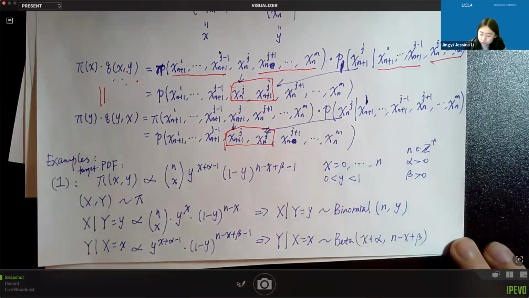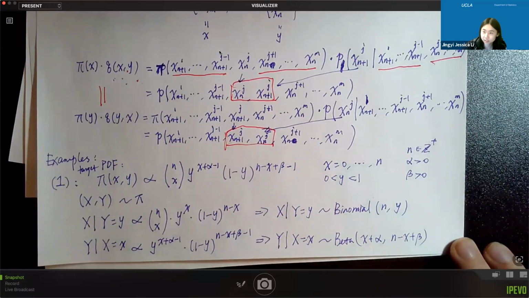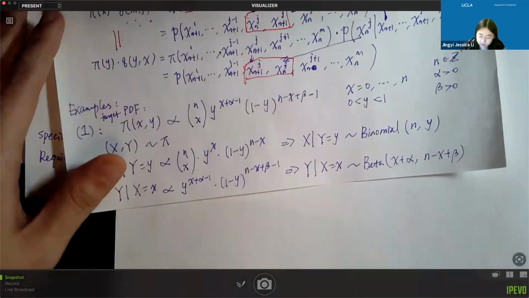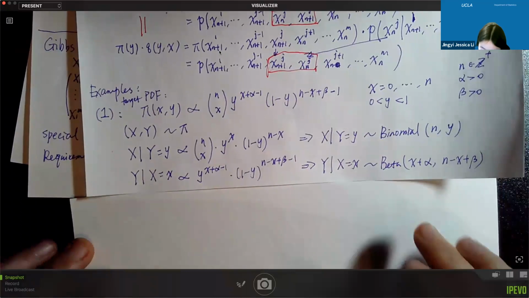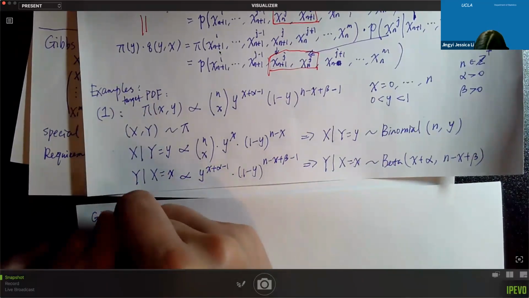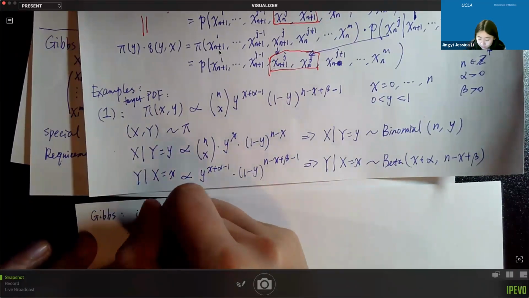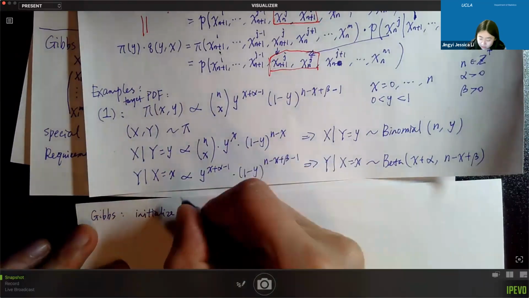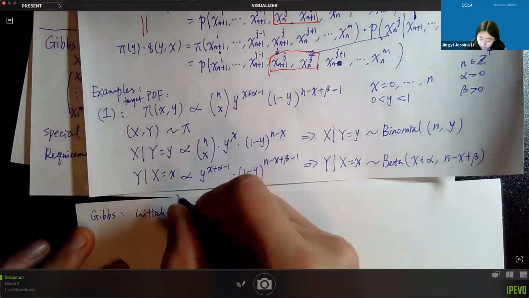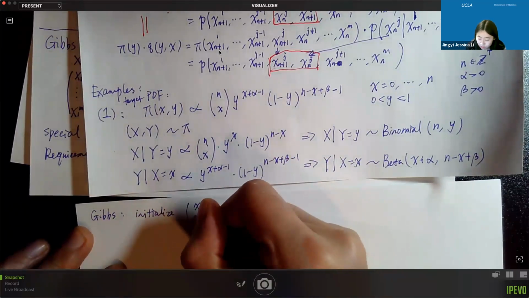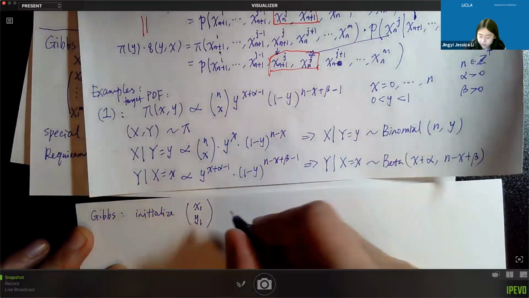Okay, so these two, binomial and beta, are common distributions from which we can easily sample. So we're done. We have the foundation for what we need in the Gibbs sampler. Essentially, in the Gibbs sampler, we initialize our x and y, call them x1 and y1, randomly.